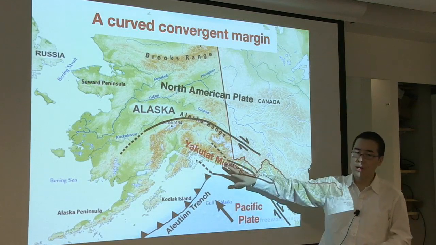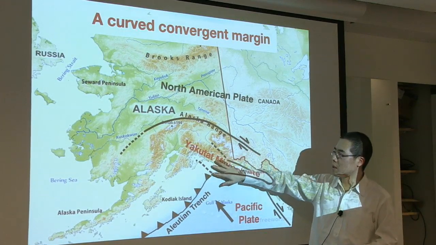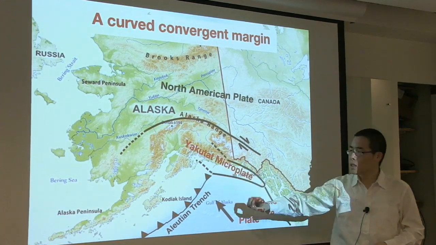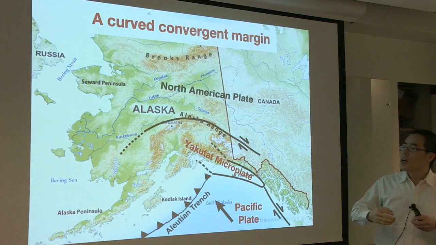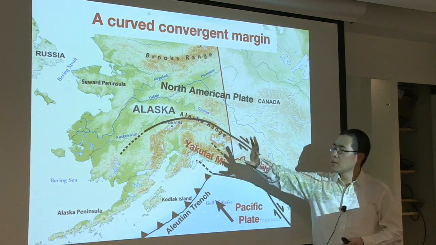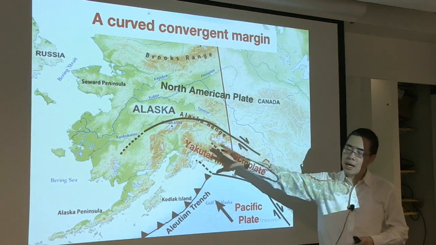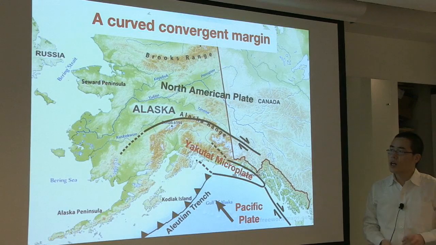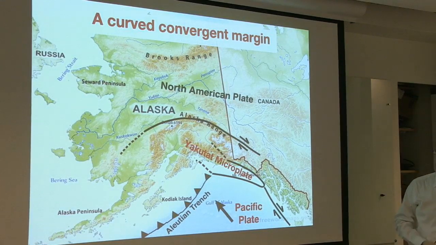This is shallower, like 30 to 40 degrees. This is called a flat subduction. The flat subduction has a few very important influences on the surface deformation, mantle dynamics, and the volcanism as well. This is the basic tectonic setting of the Alaska region.